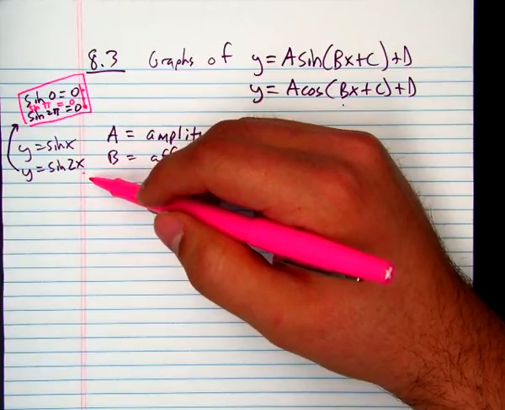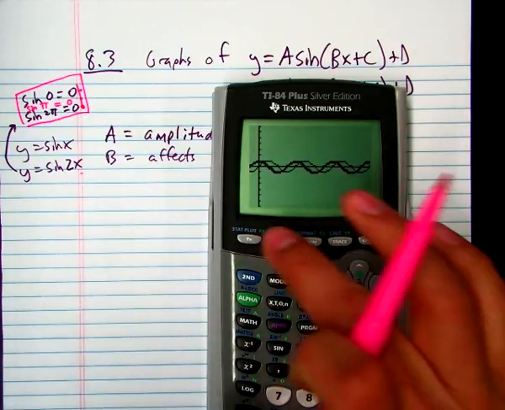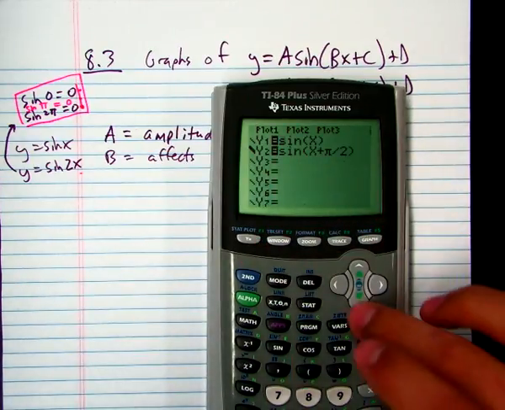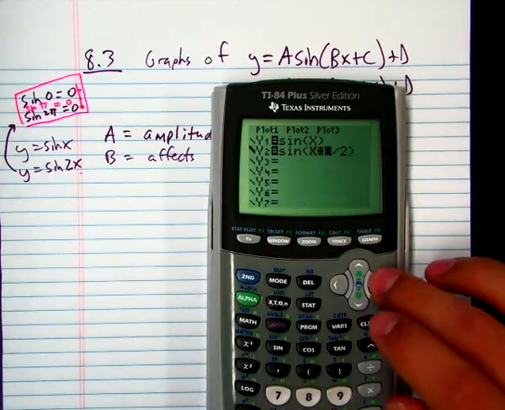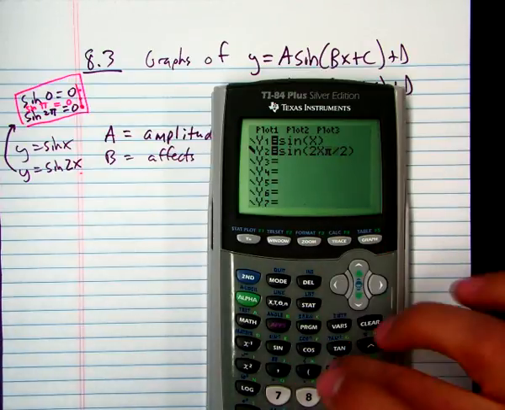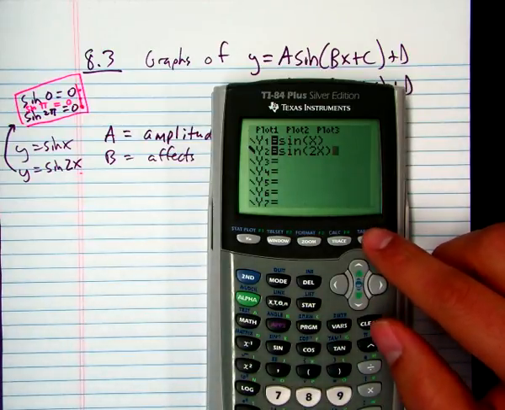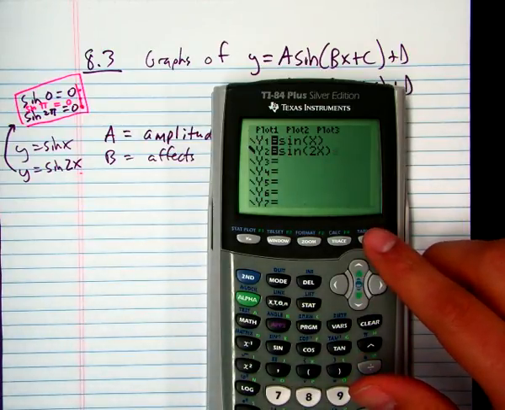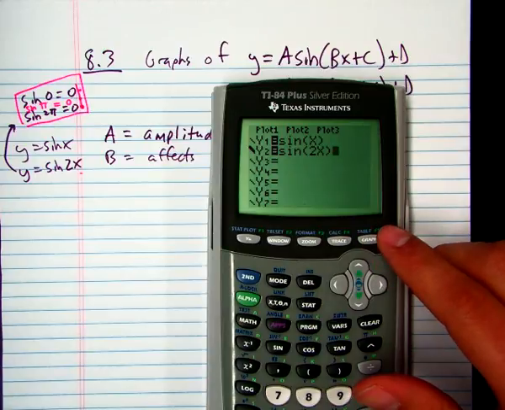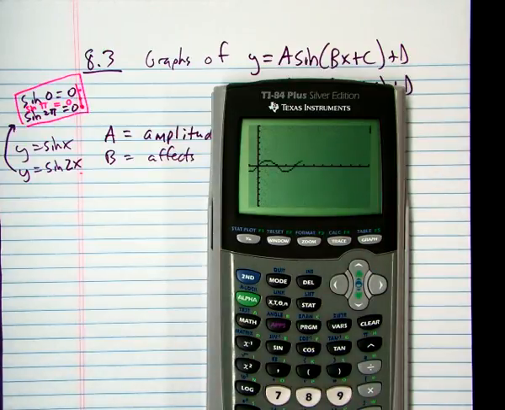All right, if you don't believe me, you can real quick go to your graph from yesterday. Original will be light, and the double x one would be bold. So there's our original graph.